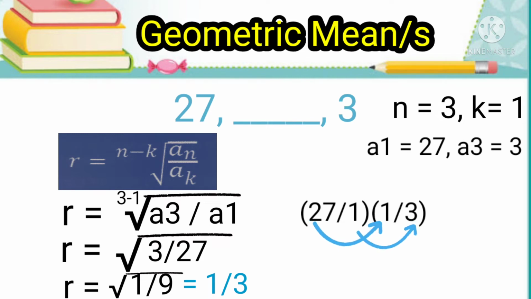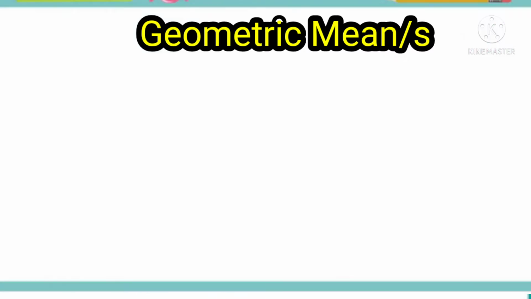So 27 times 1 is equal to 27. 1 times 3, the product is 3. Then 27 divided by 3 is 9. So therefore, the missing term in the given geometric sequence is 9.